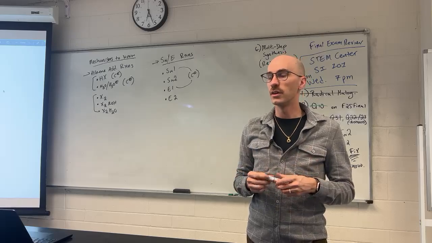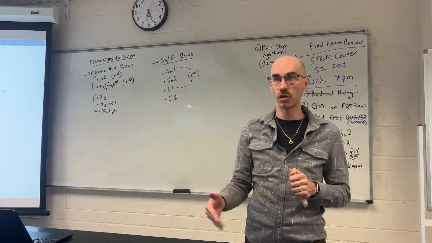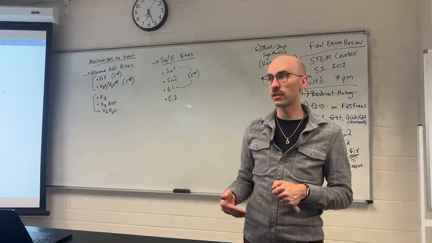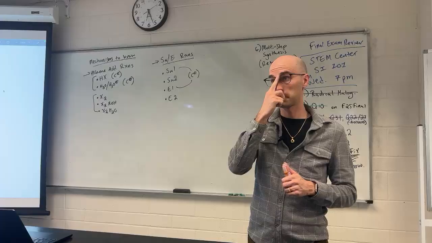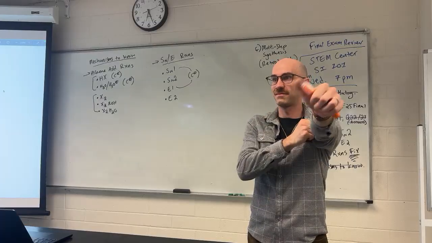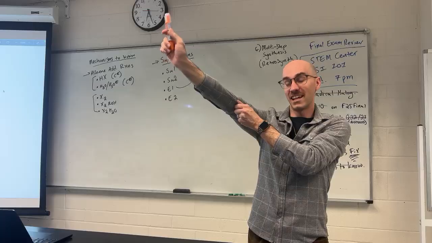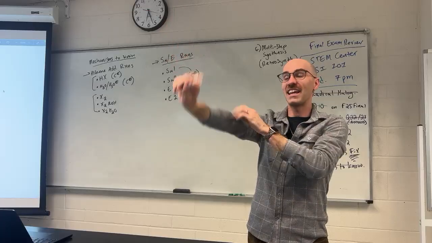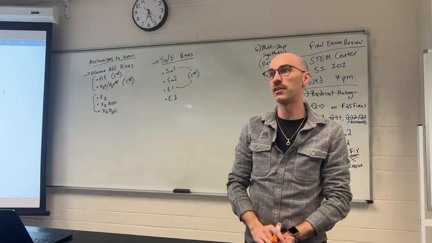SN2 and E2, generally one step, strong base or a strong nucleophile, making the changes all at once. So you say that, and then sometimes there's like the acid base thing at the end. Is that another step? Yes. So I do say that, and if there's a deprotonation at the end, that might add to the number of steps.